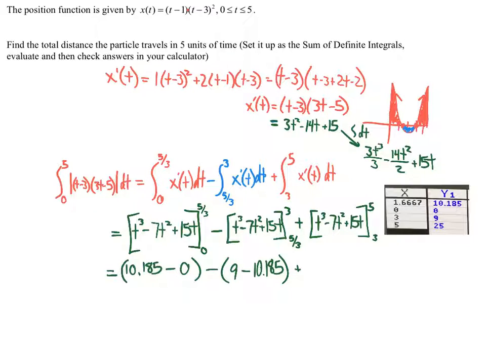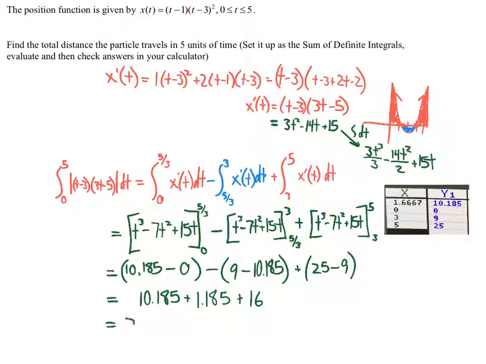And then we're going to add to it, this evaluated at 5 is 25, minus this evaluated at 3, which is 9. Okay? So, we have 10.185 plus 1.185 plus 16.